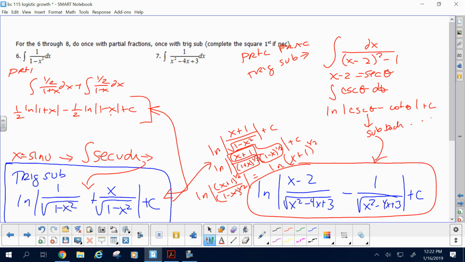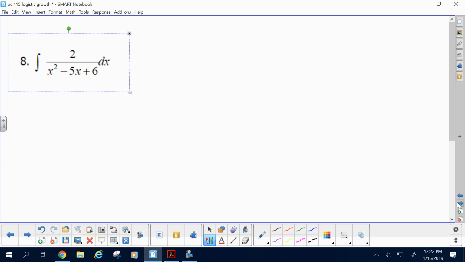Can I go? The back side, first check your division. Did I change this? Yours just says 2x cubed in the numerator, right? Okay. 2x cubed. So because it's improper, you should have first divided, so check your division. Did you get a quotient of 2x plus 10 plus 48x minus 60 over x squared minus 5x plus 6?